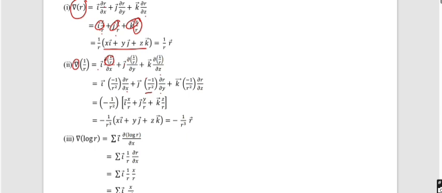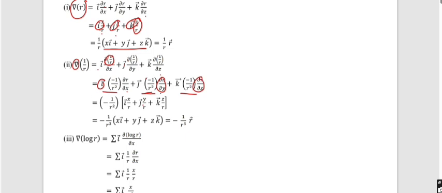In all the terms, minus 1 by r square is common, taking outside. So minus 1 by r square into the remaining, which is i vector into ∂r/∂x is x by r plus j vector into ∂r/∂y is y by r plus k vector into ∂r/∂z is z by r.